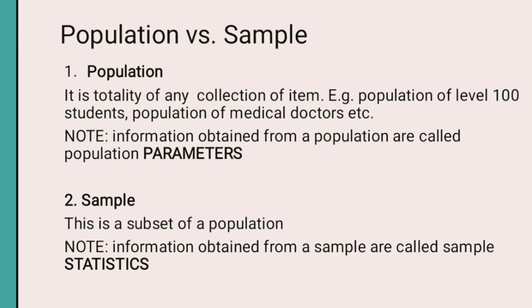Probably some from Okomfo Anokye Teaching Hospital, some from Korle Bu Teaching Hospital, and other hospitals. Then I measure the heights of the sampled doctors, and use the height from this sample to generalize about all medical doctors in Ghana.